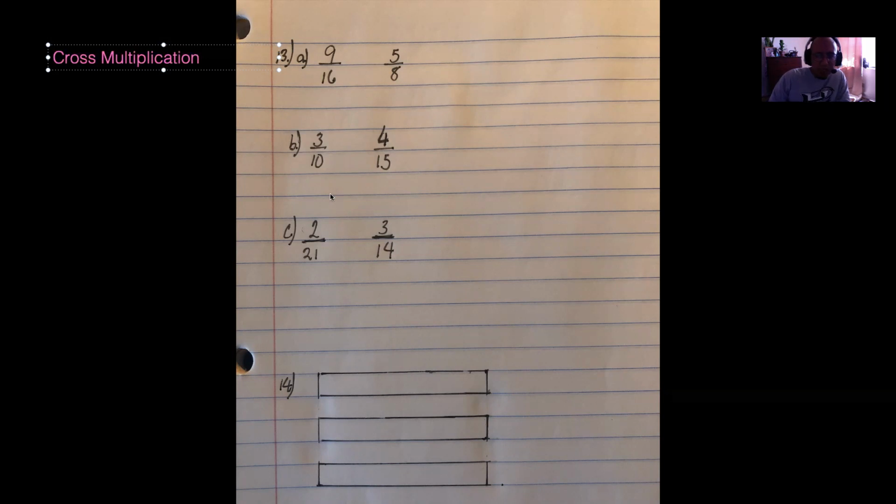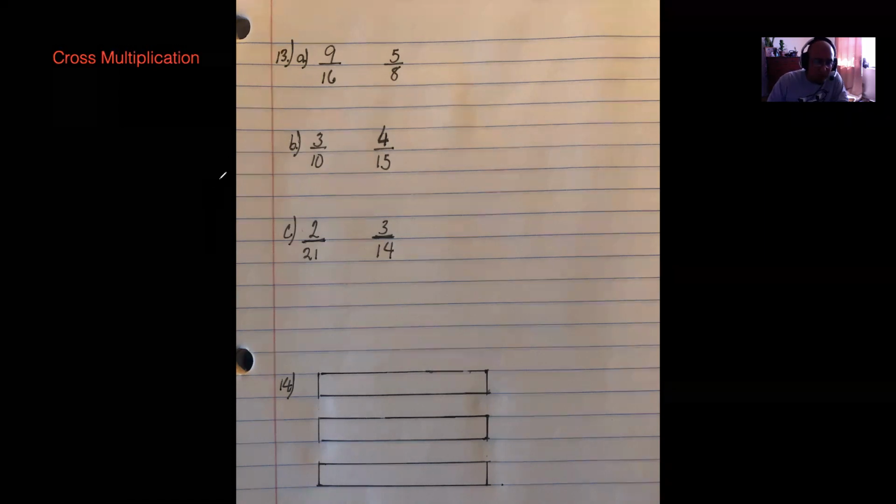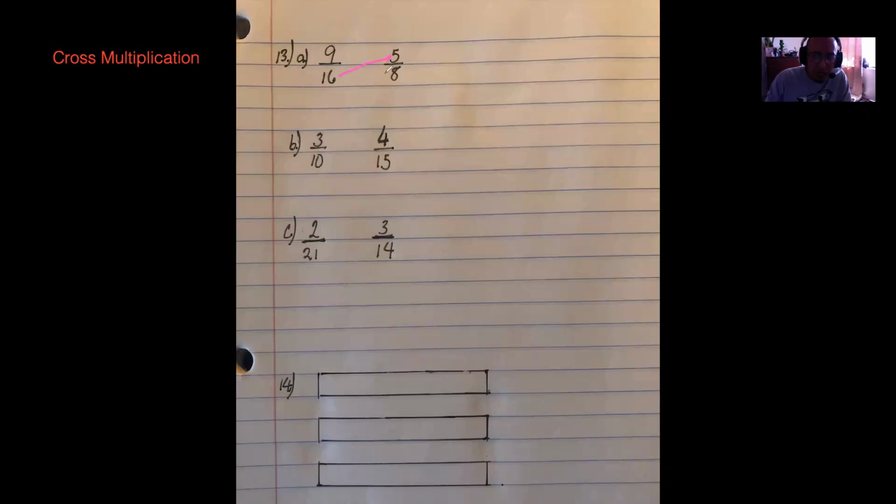And what cross multiplication says, ladies and gentlemen, is that we're going to multiply across, hence the word cross. So I'm going to multiply 16 times 5 this way, and I'm going to multiply 8 times 9 that way. So 16 times 5, I may have to work that out on the side, and that's totally fine. 5 times 6 is 30.